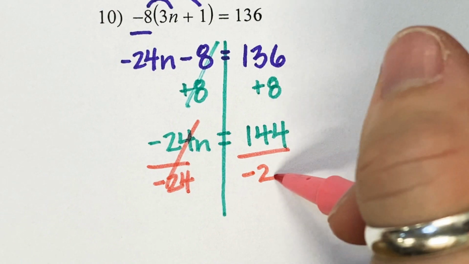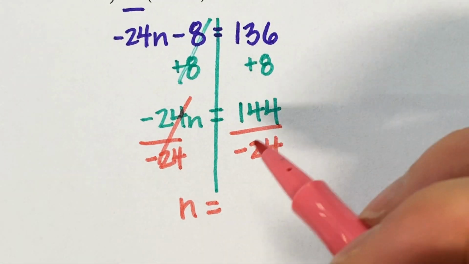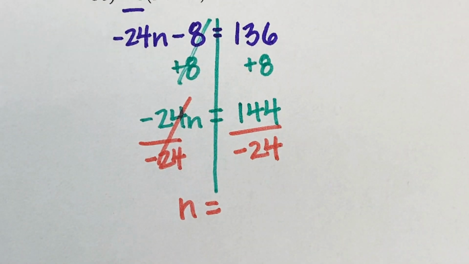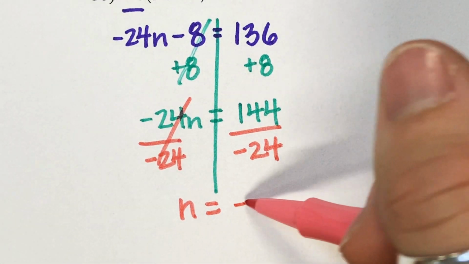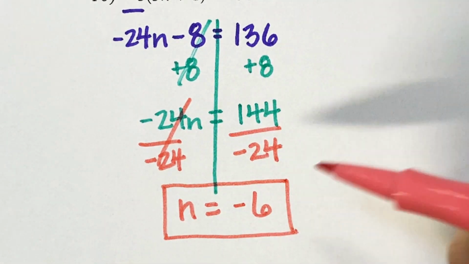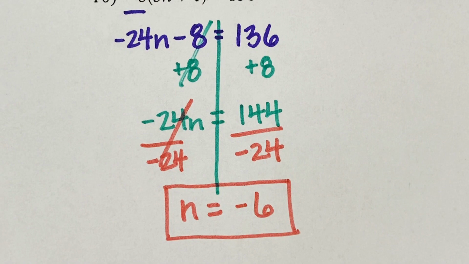Got to do the same thing to both sides. So our n is going to be all by itself. What is 144 divided by negative 24? We get negative 6. My n is all by itself, so we know that that is our answer.